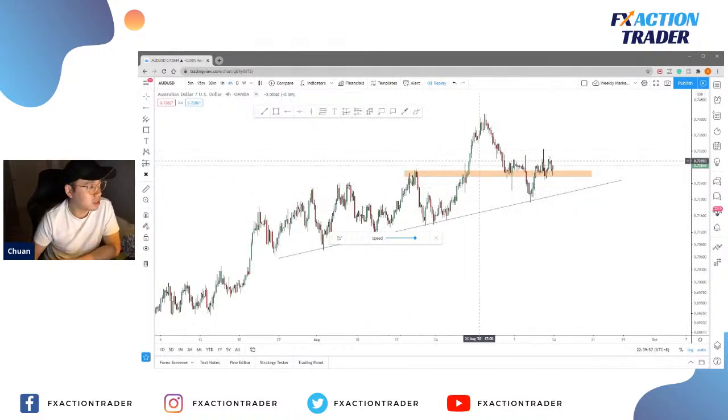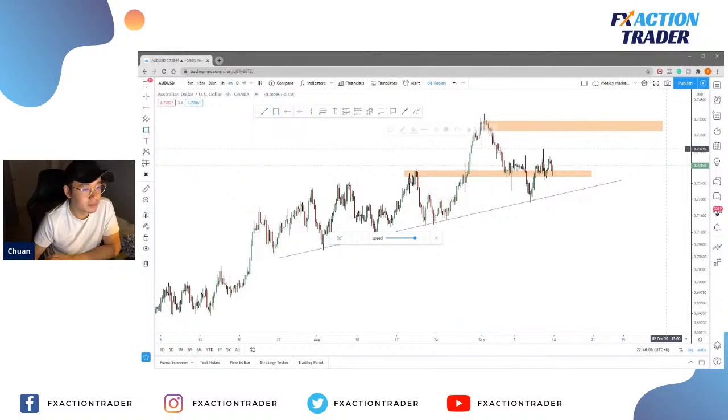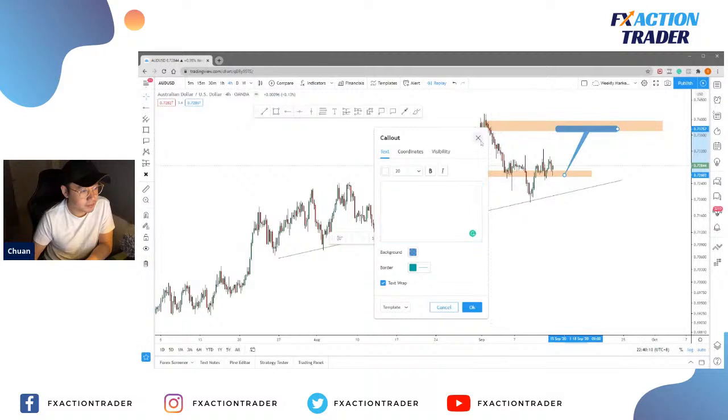So for this Aussie dollar this week, we can just keep in view for a buy signal, and the target take profit level would be here, the previous high level. All right.